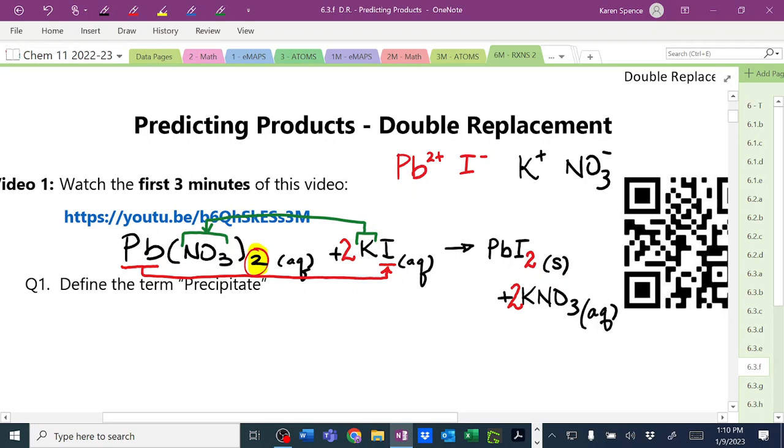The word precipitate. It is a solid that forms when two aqueous solutions are mixed.